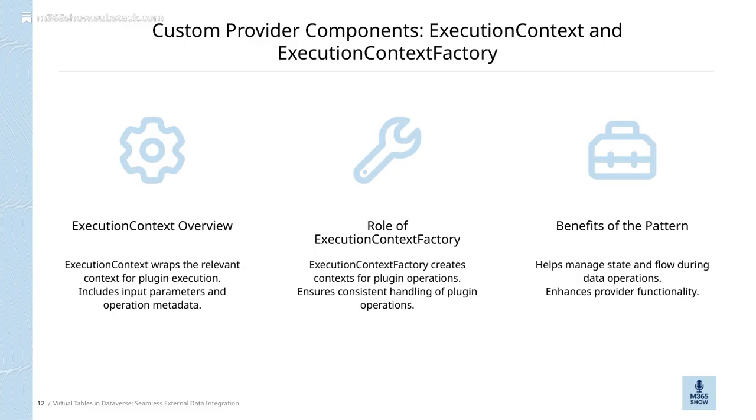In summary, the custom provider components, like Execution Context and Execution Context Factory, are fundamental. They provide a standardized way to manage and pass context during plugin operations, which ultimately supports more robust and reliable integrations within Dataverse. This approach aligns with our overall goal of creating flexible, scalable, and seamless data solutions.